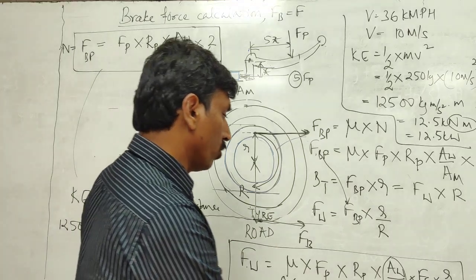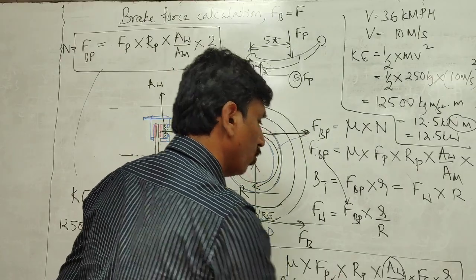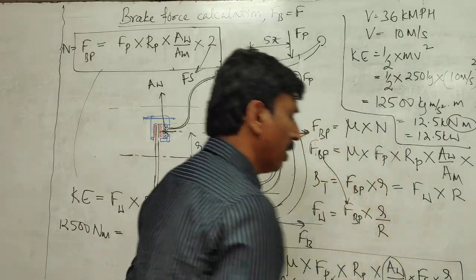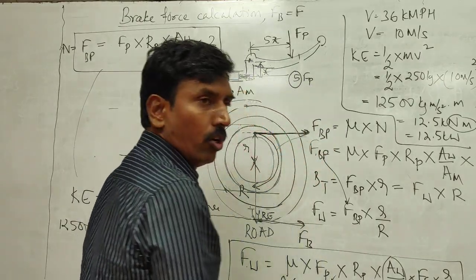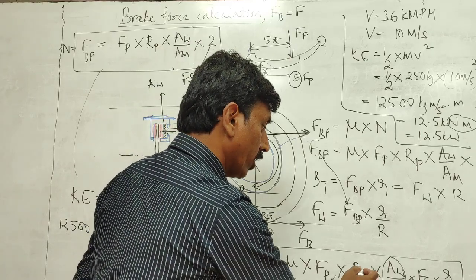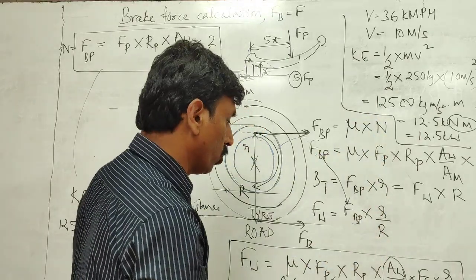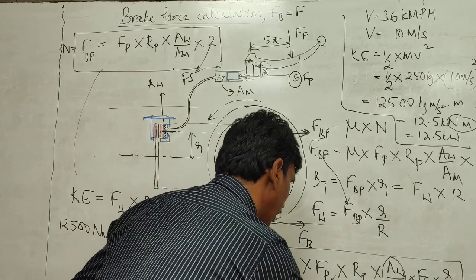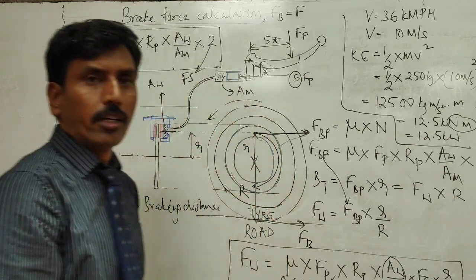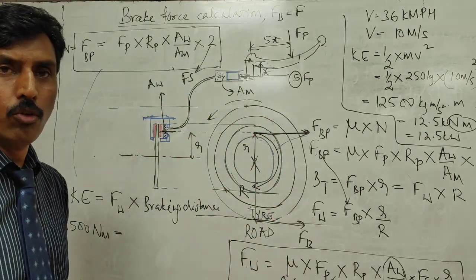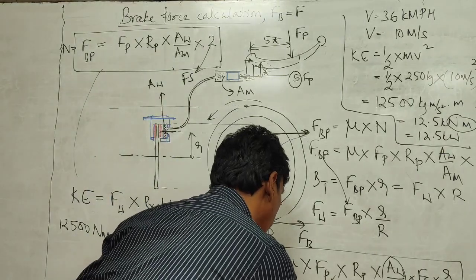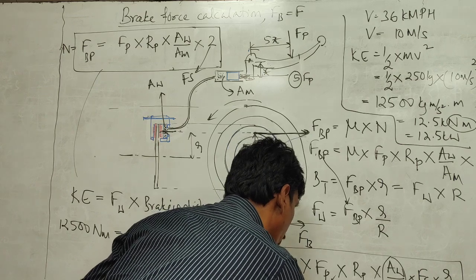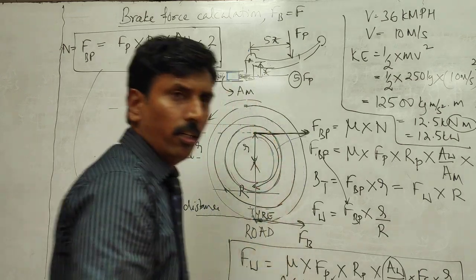Here all these are ratios. Only here there is newtons. Here millimeter gets cancelled. Here it is a number. Here it is again a ratio of area. Here it is again a ratio. Rp is the pedal ratio. All these are ratios. So finally the answer that you get will be in newtons. Can somebody give me the answer in terms of newtons? 1800. You got the answer of around 1800 newtons of force which is being applied here.